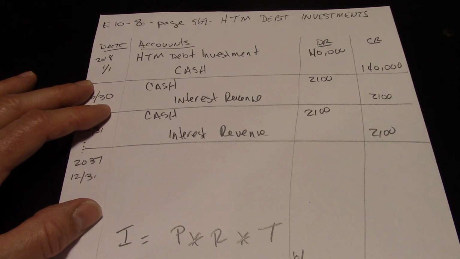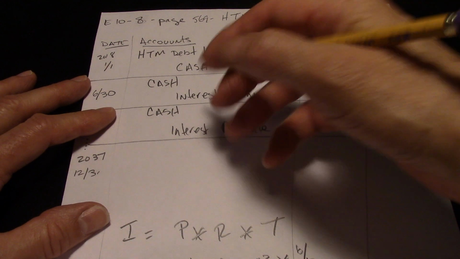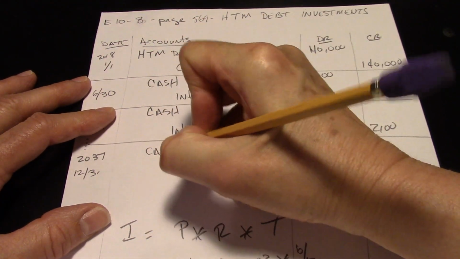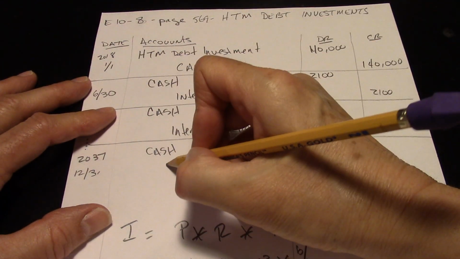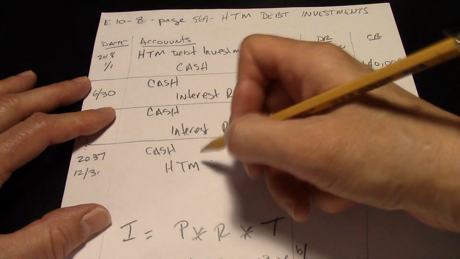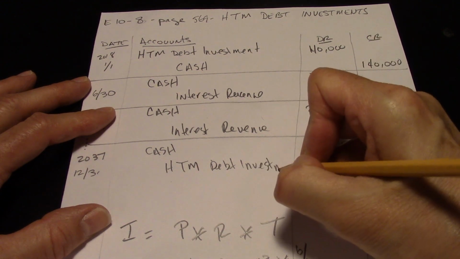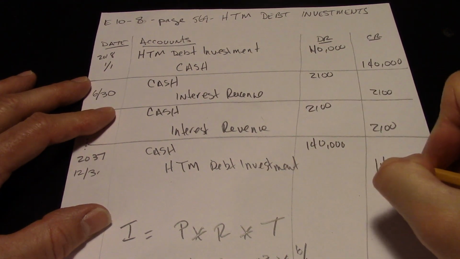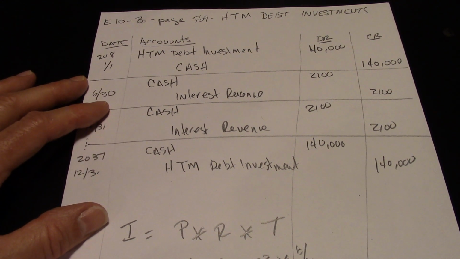So now we get in cash of $140,000, and we no longer have this asset, so we take that off the books: HTM, held-to-maturity, debt investment, 140. And that's it. Now we no longer have that asset, and we got the asset cash back instead. So that's pretty much it.